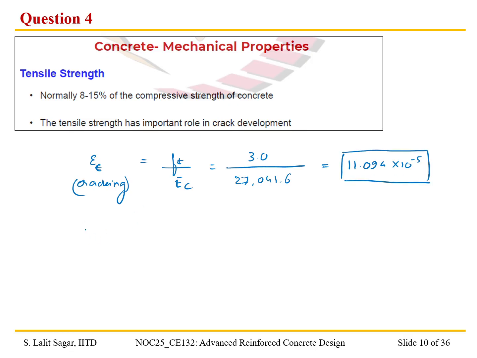Now to find out the actual deformation, we can multiply this epsilon t by the length of the member. So 11.094 into 10 to the power minus 5 into 1000 millimeter gives us the value of delta as 0.11 mm.